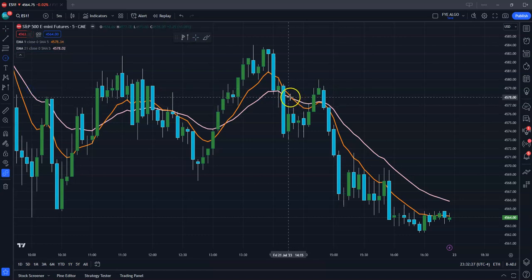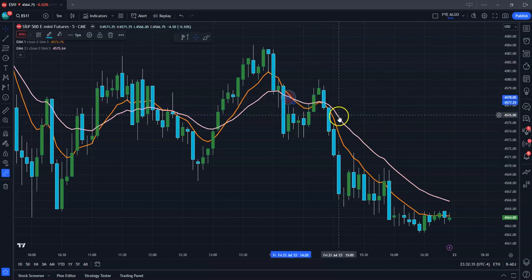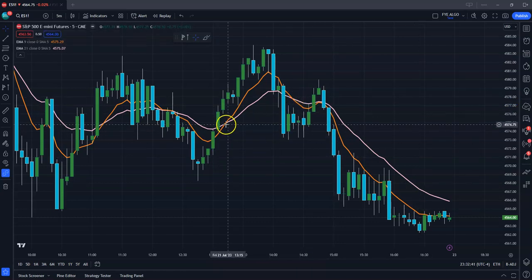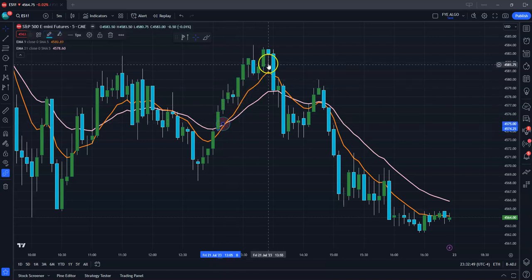Because of that, we have a bearish trend, and as you can see, the price of the S&P fell here. Contrary to that, if you go back here, you can see that the 9 EMA crossed above the 21 right here, and we saw bullish price action up until this point.